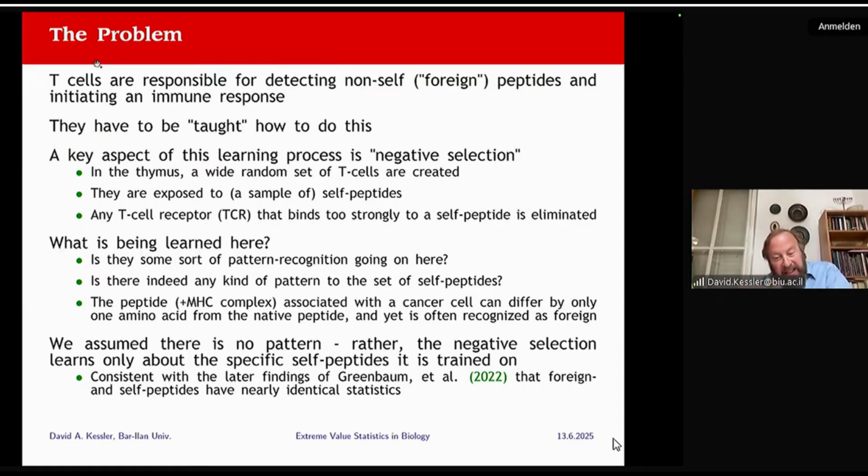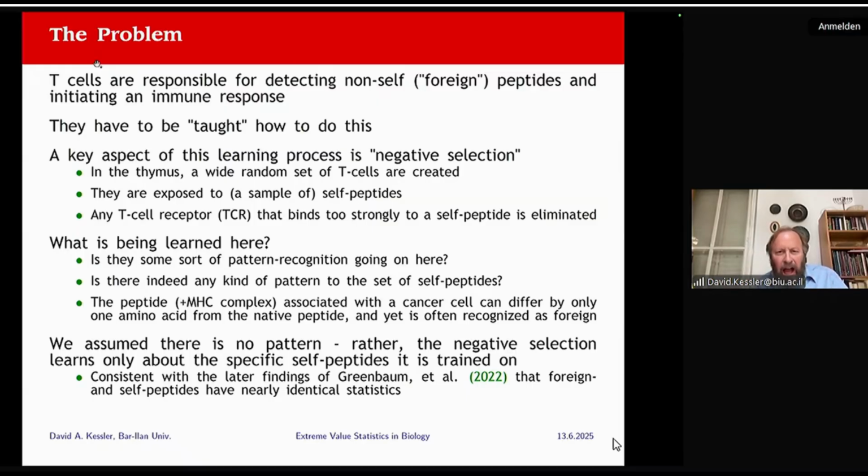In fact, this is consistent with later work by Greenbaum and Bialek and others who constructed a statistical ensemble of self-peptides, reproducing the first and second order moments, the correlations between the peptides in the various positions. They found that foreign and self-peptides have nearly identical statistics in the context of the kinds of models they were building, of maximum entropy type models.